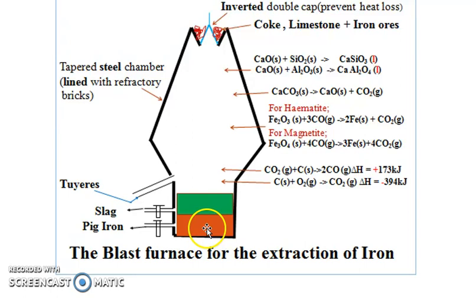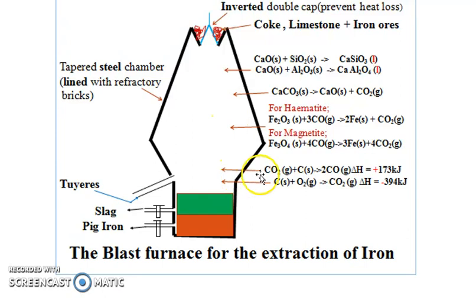Then iron being very dense, it falls to the bottom of the blast furnace and it is tapped off as pig iron. Then slag, being slightly less dense than iron, floats on the surface of the iron and is tapped off as slag.